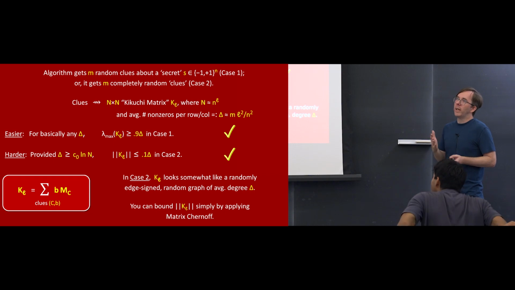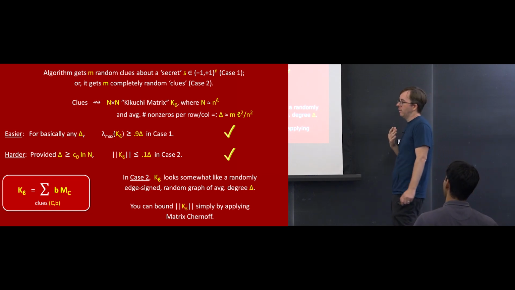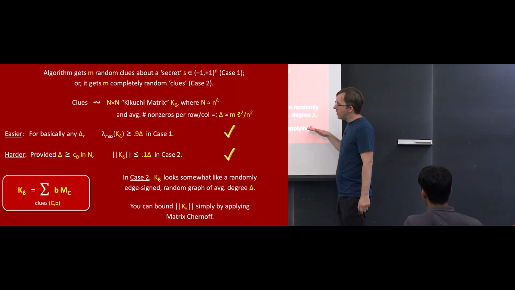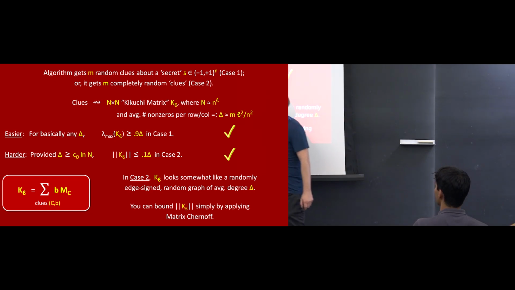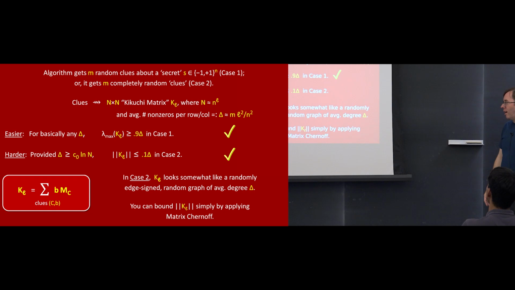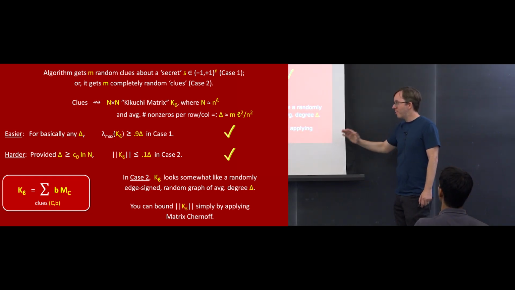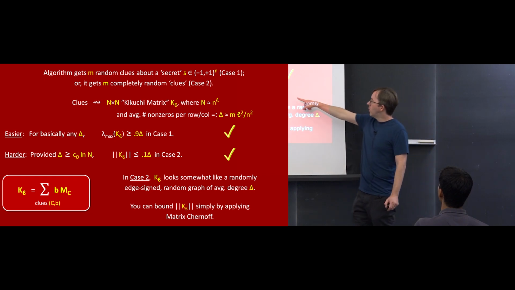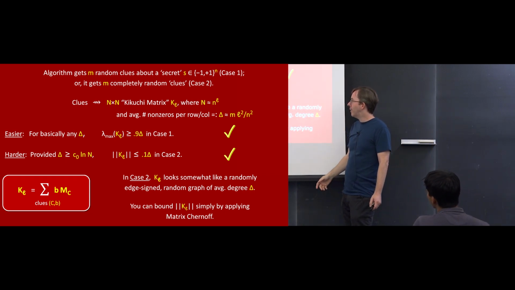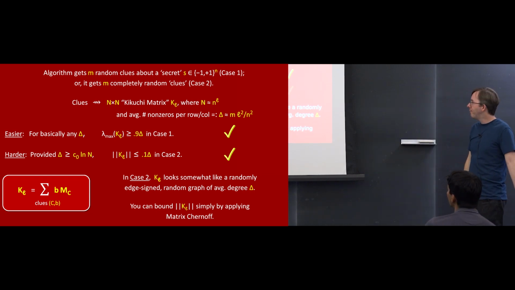Maybe the most efficient way to show this, if you don't mind losing a log factor, is to use the matrix Chernoff bound, which you can apply here by virtue of the fact that these B's are just random plus or minus 1 signs. Once you set it up and cite this matrix Chernoff bound, you can show this almost immediately.